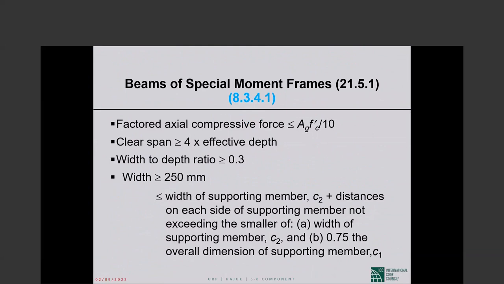Okay, we now will talk about detailing of beams of special moment frames in this section, followed by beams of intermediate moment frames. Okay. The first question is, what is a beam and what is a column?